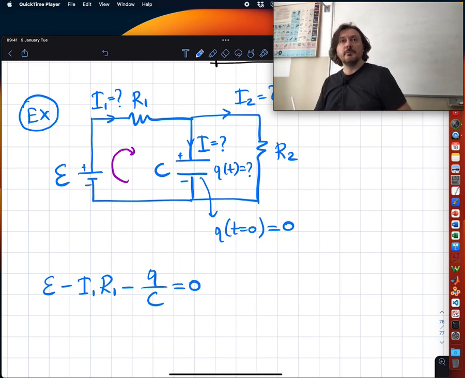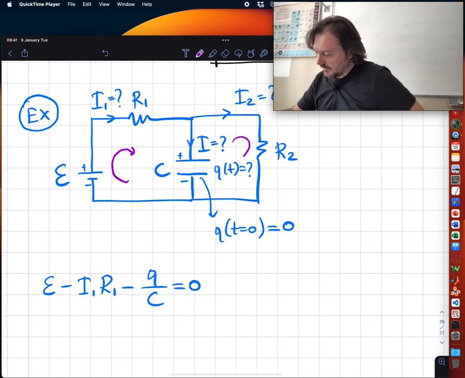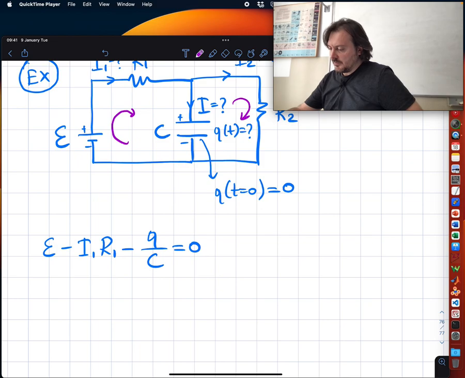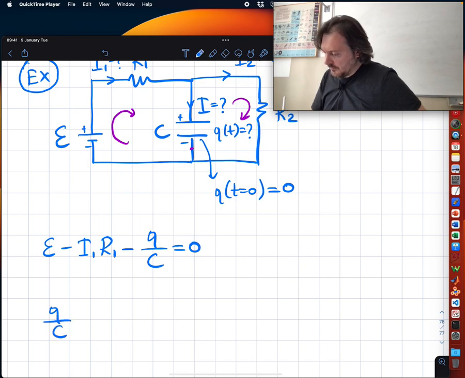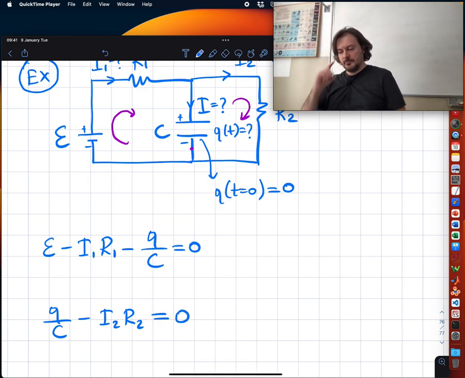Do you agree? Yes? I also have the other loop. I start from here. So I have Q over C minus I2 R2 equals 0. Right?